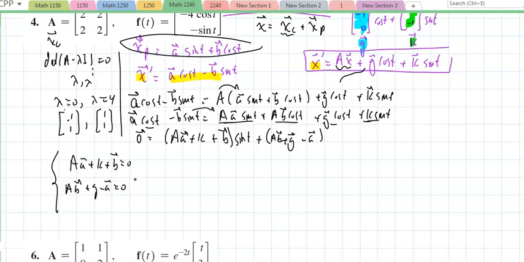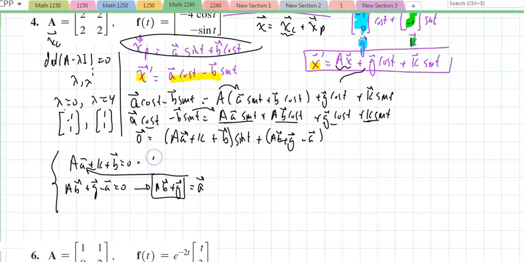So here I need to manipulate the problem somewhat and solve. I would solve one of those, let's say the bottom equation: A equals AB plus G. And I would take this and put it right there.